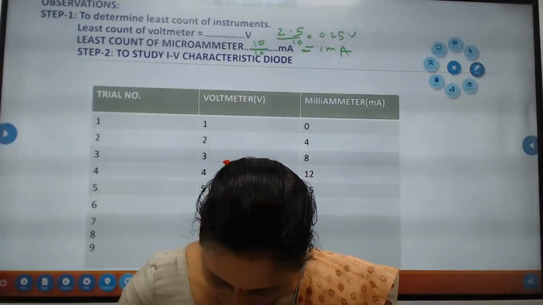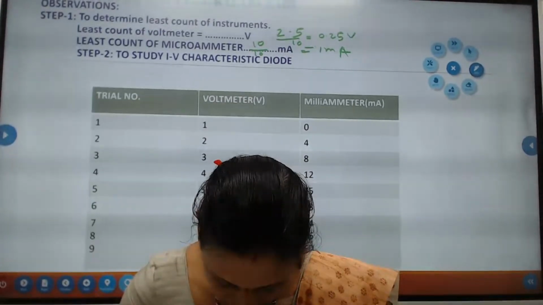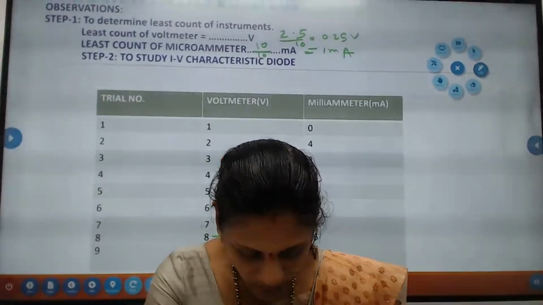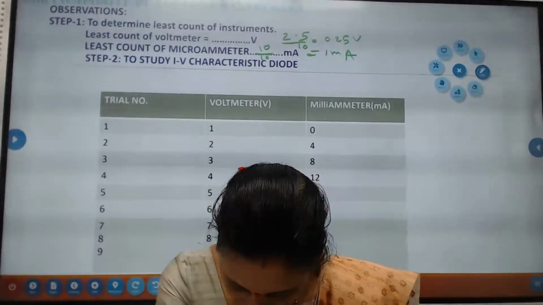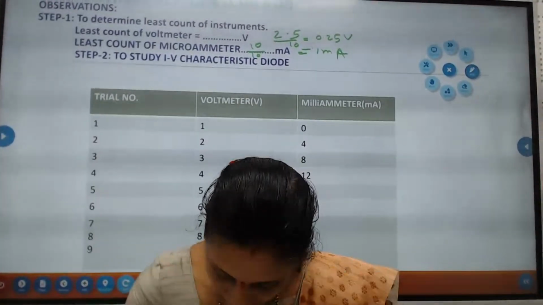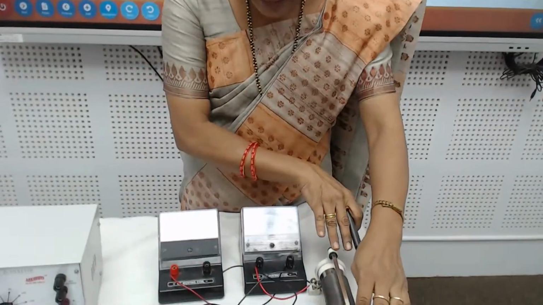When I increased by 0.25, just from 8 to 8.25, suddenly my needle deflects from 26 to 40 milliampere. In this way, if I increase again, a sudden increase in the current takes place.